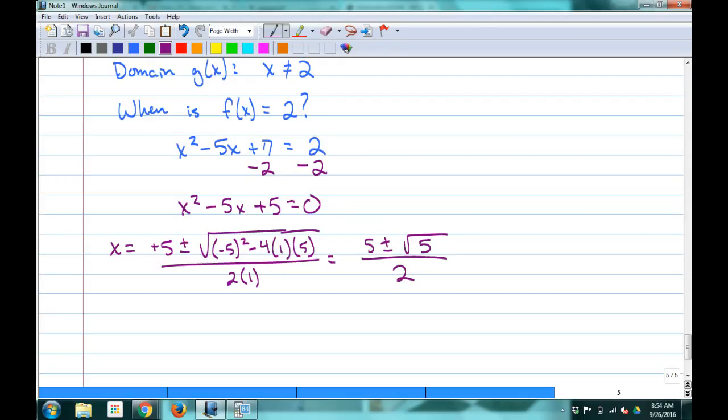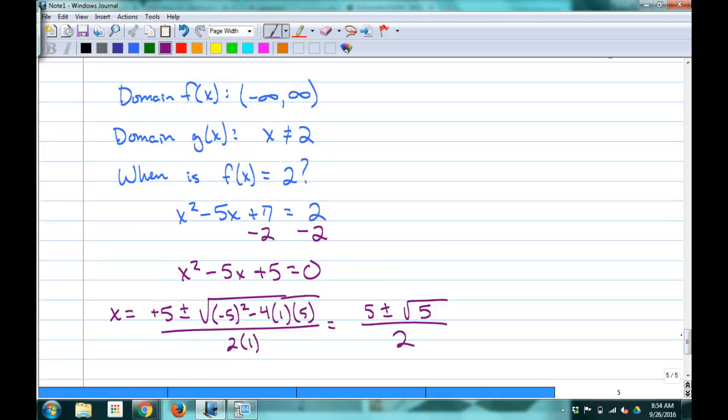Okay, so those are our two spots that are problems on the domain of our composite function. When we write that out in interval notation, we need to know which one's the lower number. Which one would be the smaller number? 5 plus radical 5 or 5 minus radical 5? Minus. It's going to be the smaller.